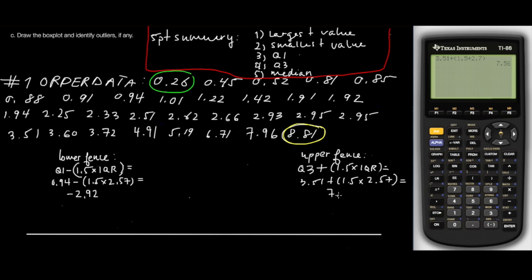So that is our upper fence at 7.56. So now we have our lower end and the upper end of our axis.